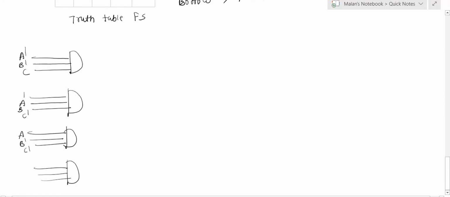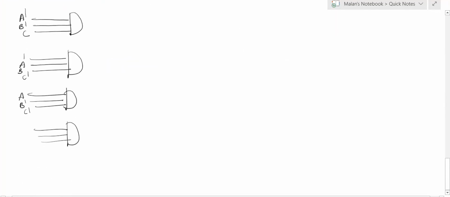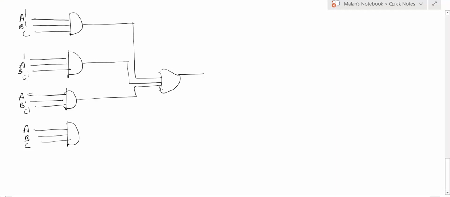And the fourth has A, B, C. All the outputs are ORed together, which is nothing but the difference.